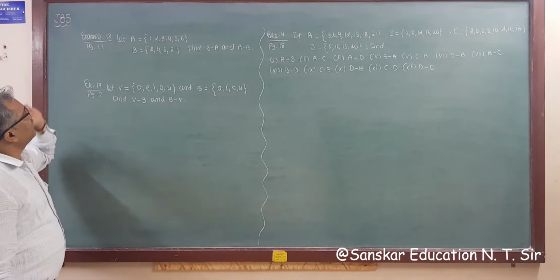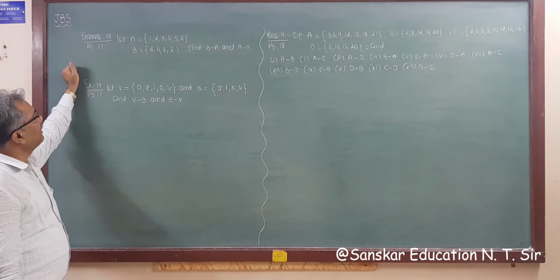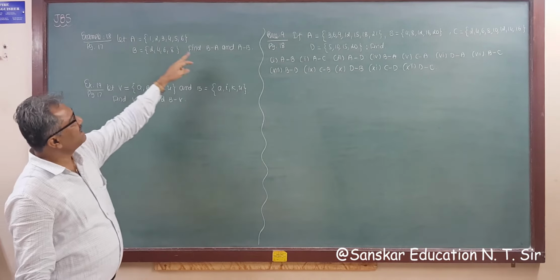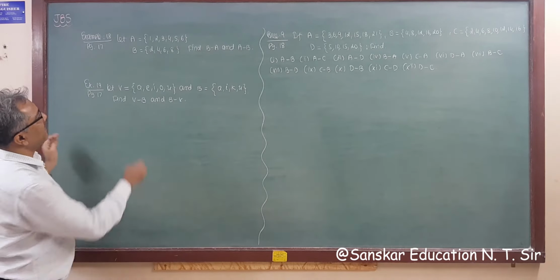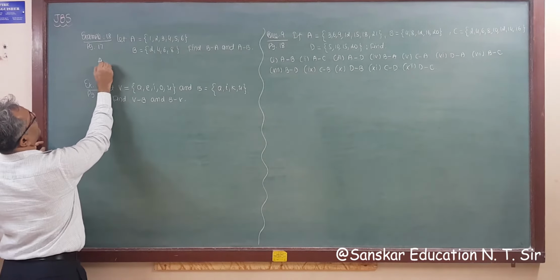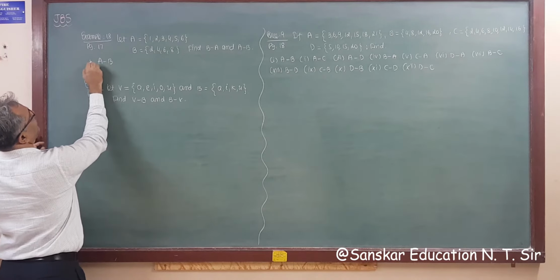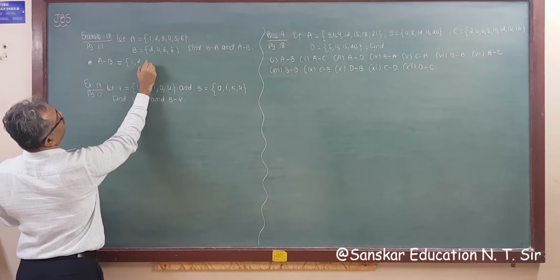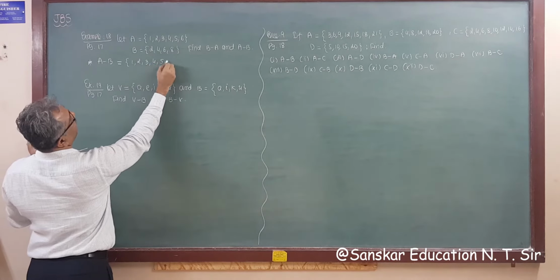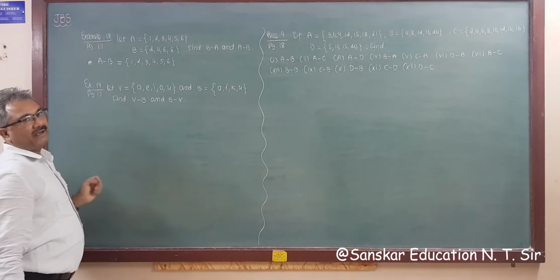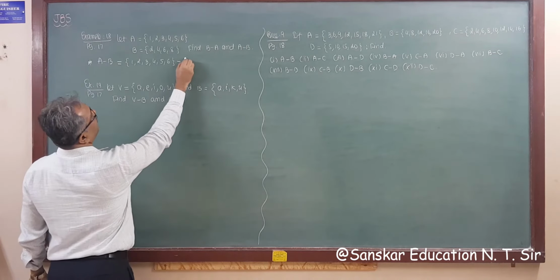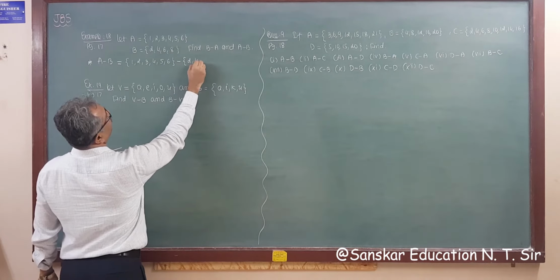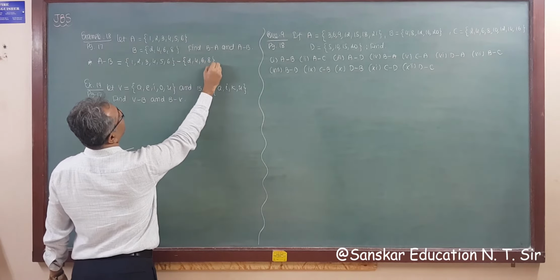So it is given in example number 18, page 17. Let A is equal to this and B is equal to this, then find B minus A and A minus B. So first we find A minus B. A is 1, 2, 3, 4, 5, 6, minus B, which is 2, 4, 6, 8.